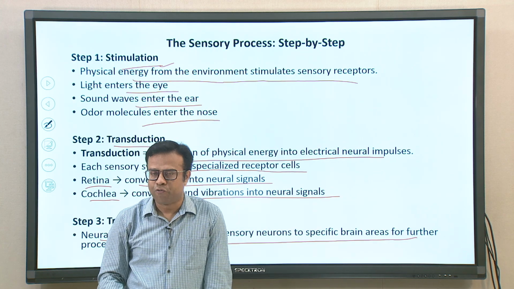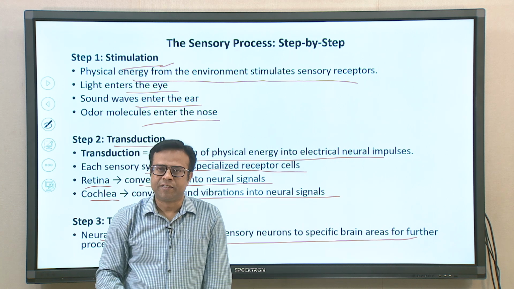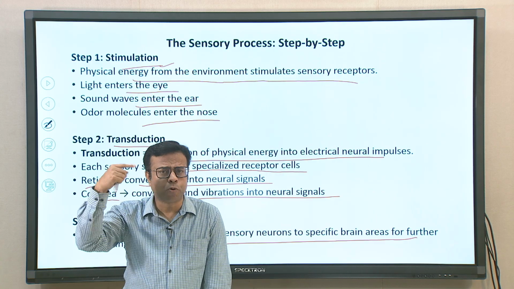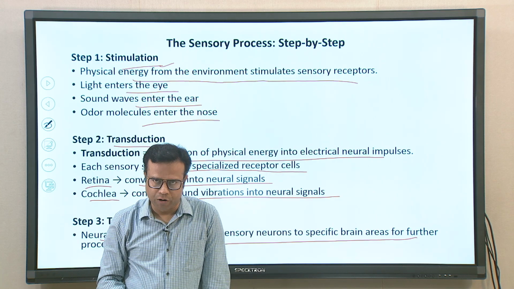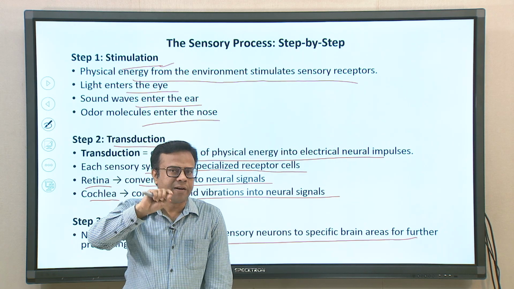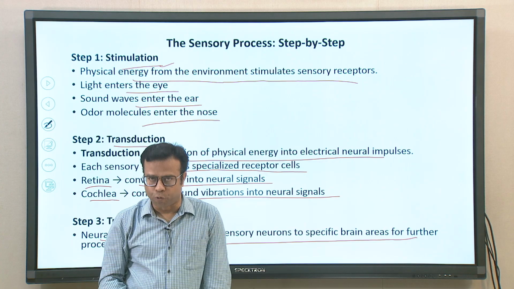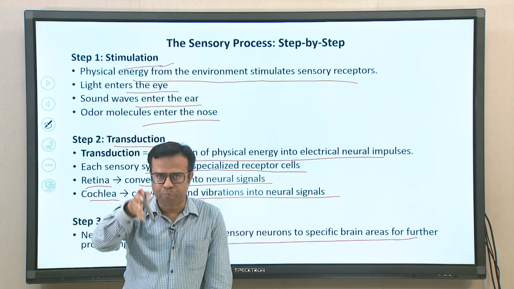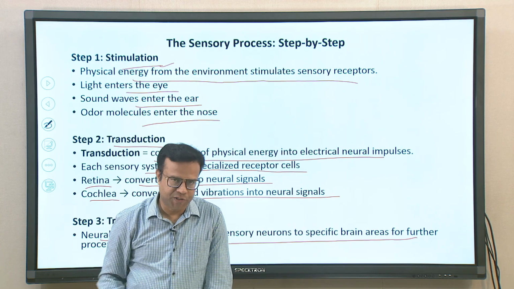where further processing happens. For example, we discussed in the last module on the biological basis of behavior that visual stimuli, whatever we see, are processed in the occipital lobe. Hearing is processed in the parietal lobe. So different parts of the brain process specialized sensory inputs. This neural impulse travels to those appropriate places in the brain where further processing and detection happen.